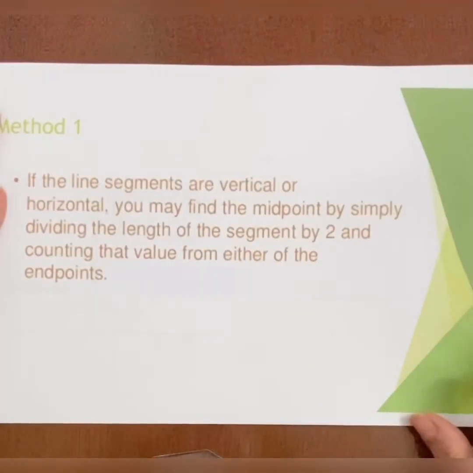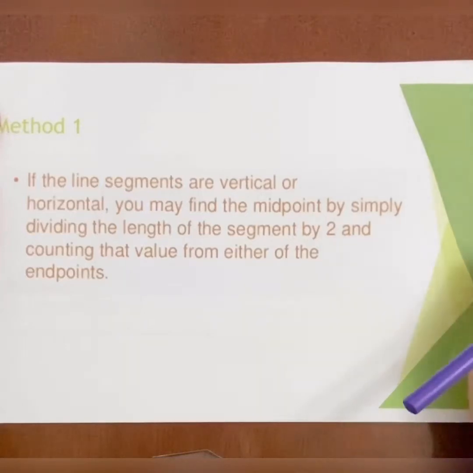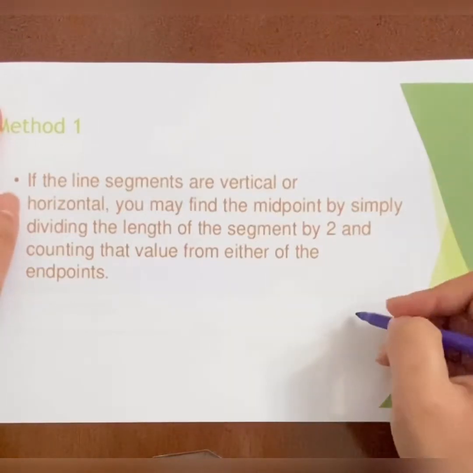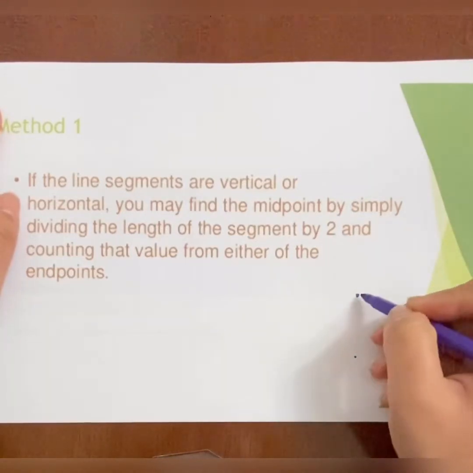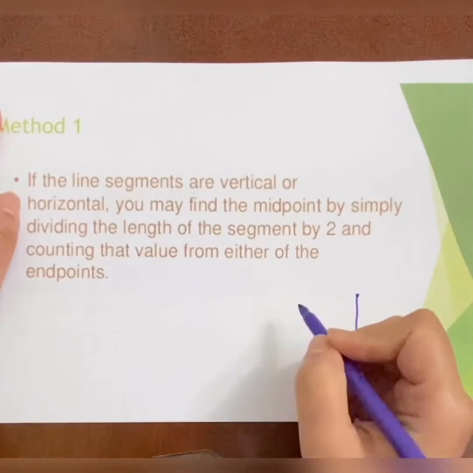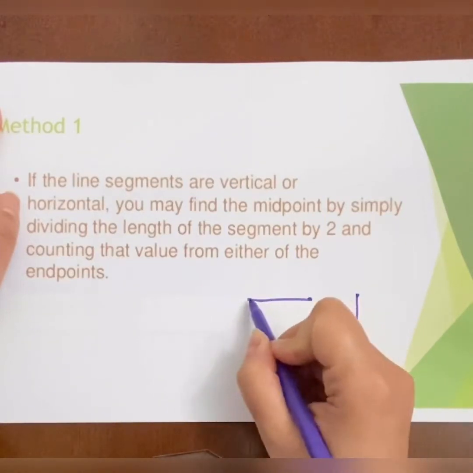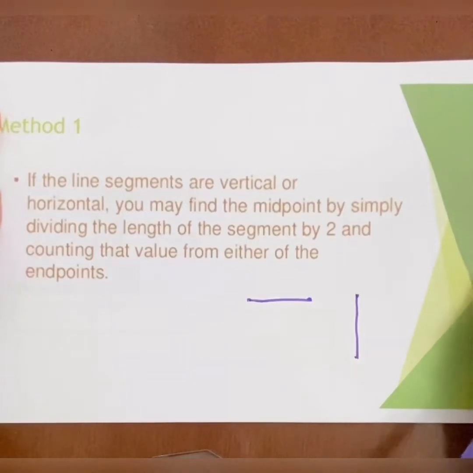The first method that we use, if the line segments are vertical or horizontal, we know that this is a vertical line segment or this is a horizontal line segment. In the vertical and horizontal line segments, we have an easy way to do that.